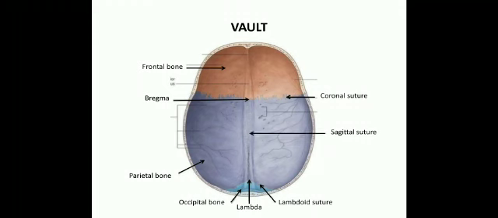We can appreciate this better in the outer aspect of the vault. At the junction of the coronal suture and the sagittal suture, the meeting point is called the bregma, and the meeting point of the parietal bone and the occipital bone is called the lambda.